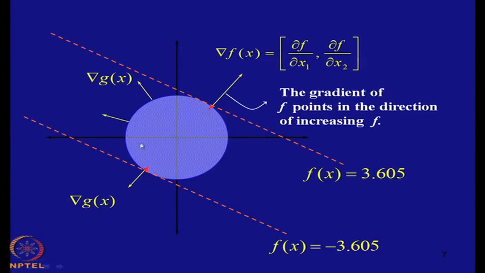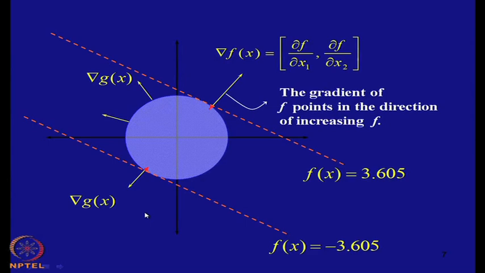Similarly, at the minimum point, the gradient of the constraint and the gradient of the objective function are parallel, but reverse in direction. And again, there is a relation between the magnitude of the gradient of the constraint and the magnitude of the gradient of the objective function.